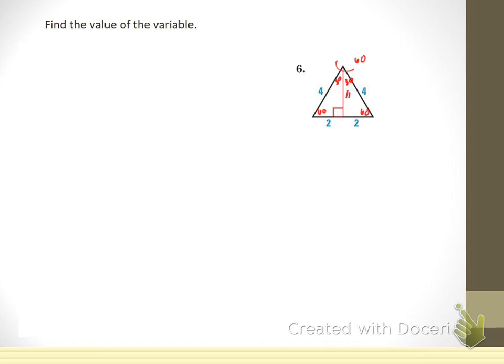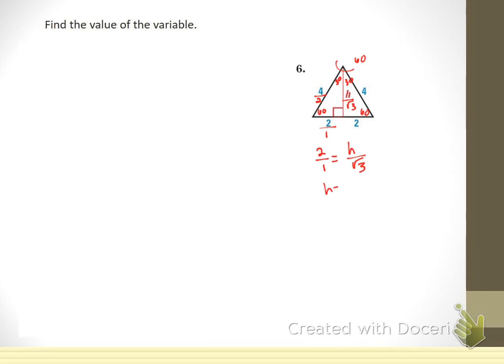So now you can use those 30, 60, 90 triangles and our proportions and our ratios to find out the height of that triangle. So the parent hypotenuse is 2, this is the short leg, and this is going to be the long leg. So you match these up, 2 over 1 is probably going to be the easier ratio to use, h over radical 3.